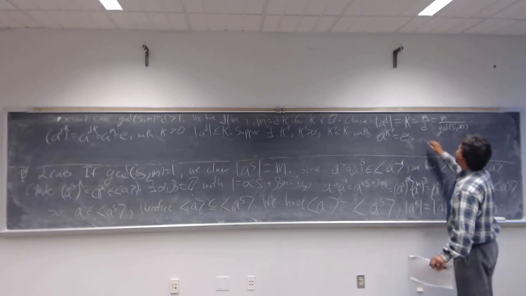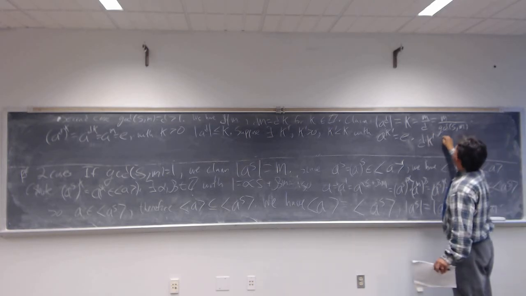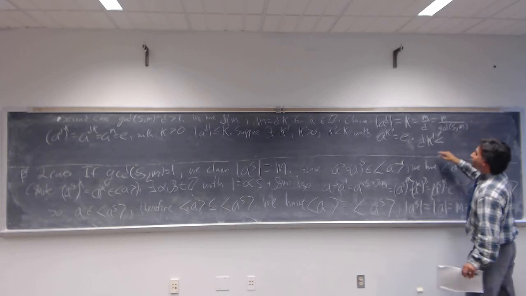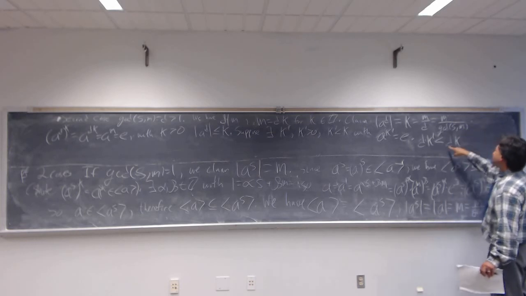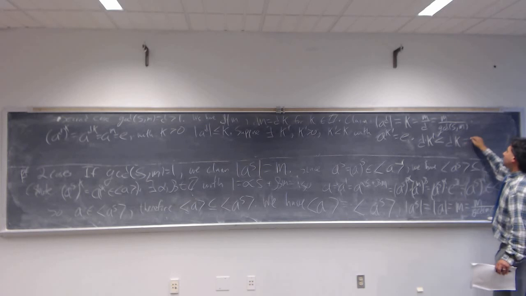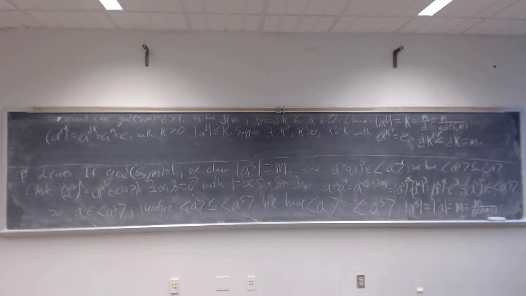So what does that mean? That means if K prime is less than K, DK prime is less than DK, which is equal to M.